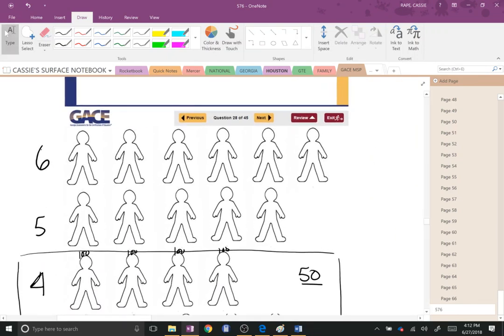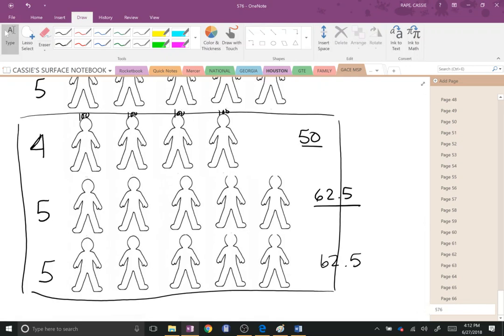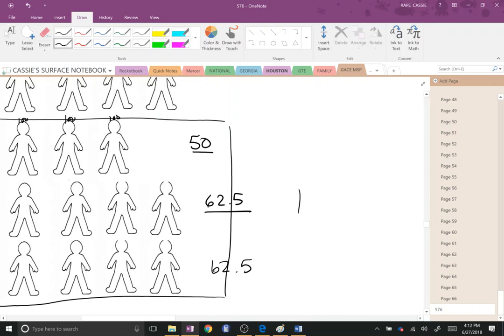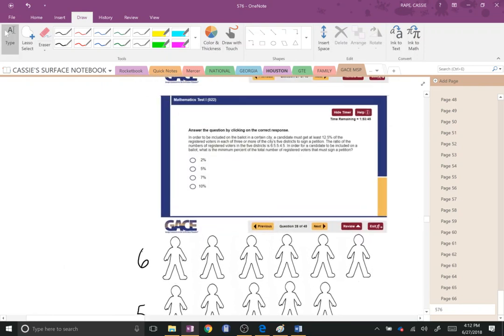So essentially what we're looking at here is, if you got 50 people, 62.5 and 62.5, so that would be 125, and 50 was 175 people who sign, right? Out of, it wants out of everyone in the district.